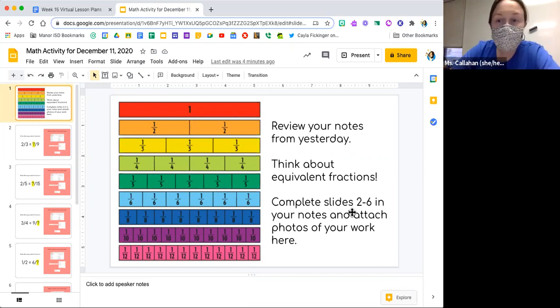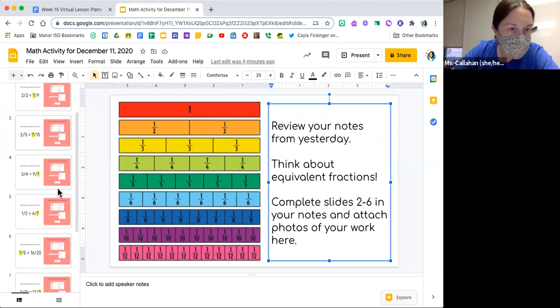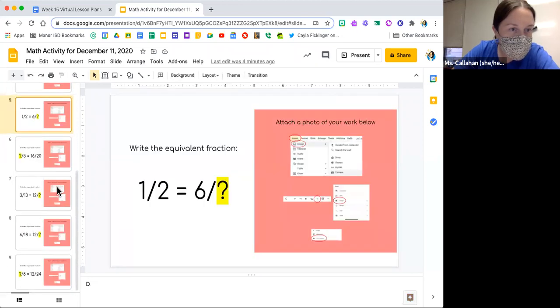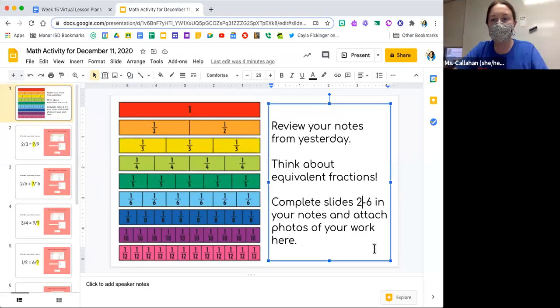So you are going to complete not slides 2 through 6. You're actually going to complete slides, I think 5 through 9, right? Yes. Okay. So you're going to complete slides 5 through 9 independently. So I'm editing these directions right now.